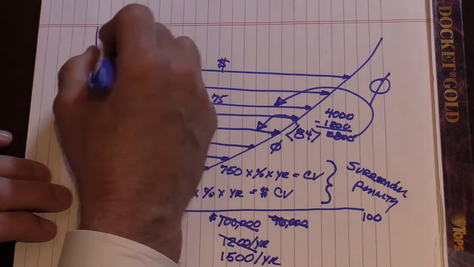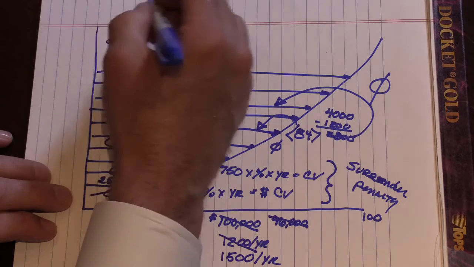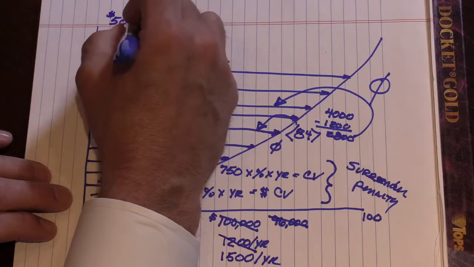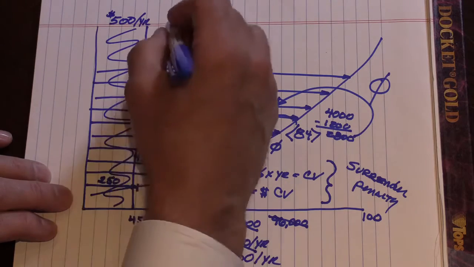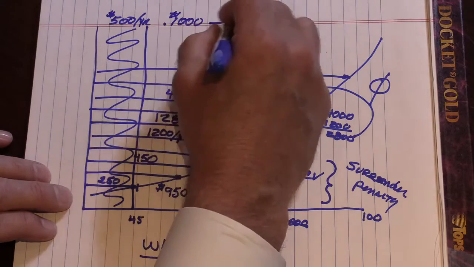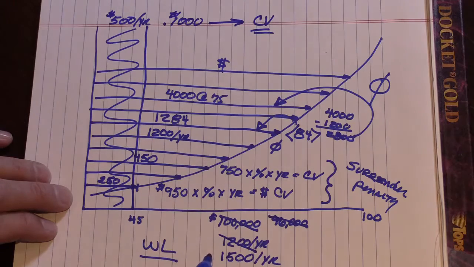And in our scenario, we're going to make the assumption that the mortality charge is set in year one, as in all whole life policies, and that charge is about $500 per year, every year for as long as the client lives. That means that $1,000 would be available to go into the side fund to create cash value every year without fail for as long as the client lives.